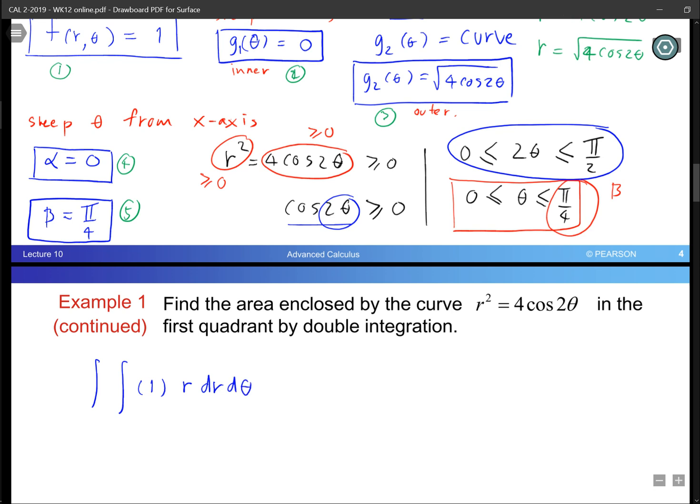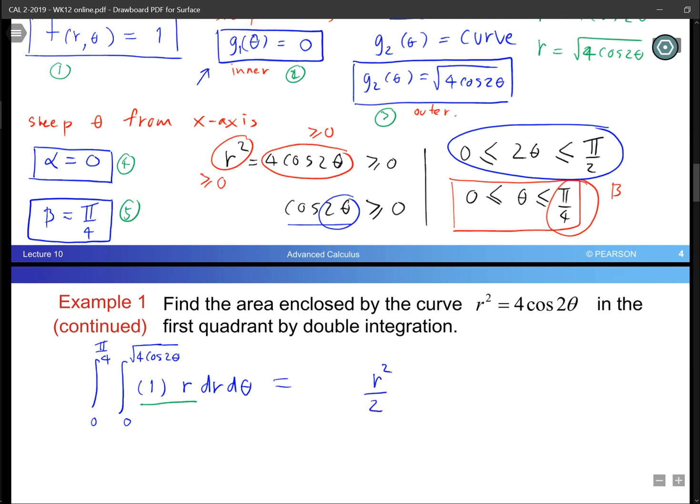The inner function is 0, the outer function is square root of 4 cosine 2 theta, and for the angle, start at 0 and end at pi over 4. After this, it's just the regular integration. Let's integrate with respect to r first. The first thing I get from this is r squared over 2.